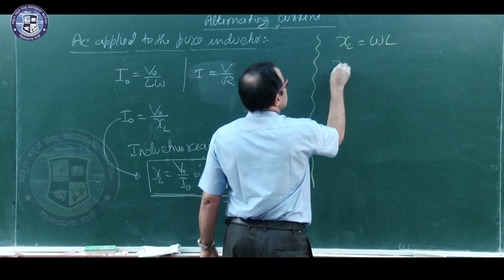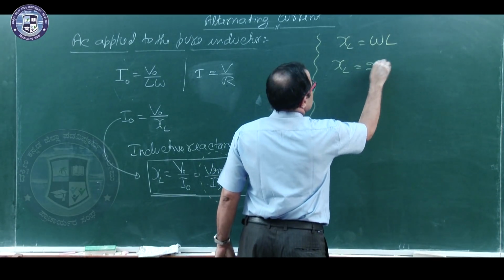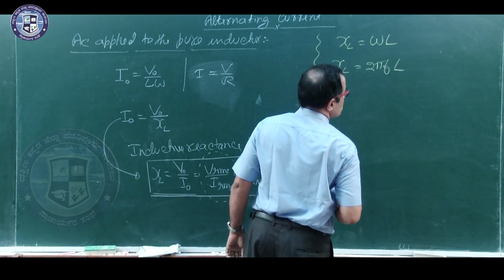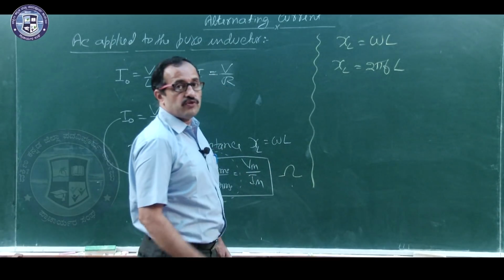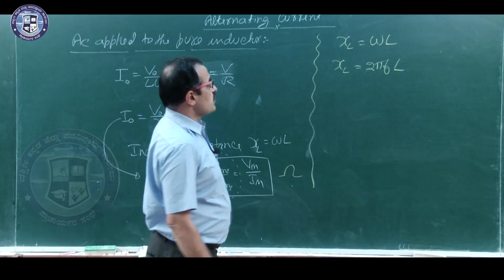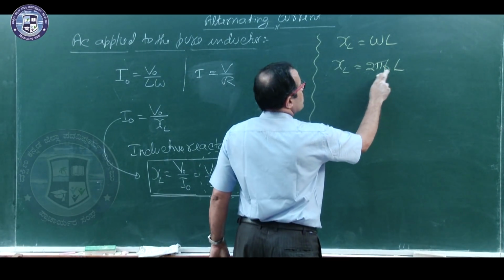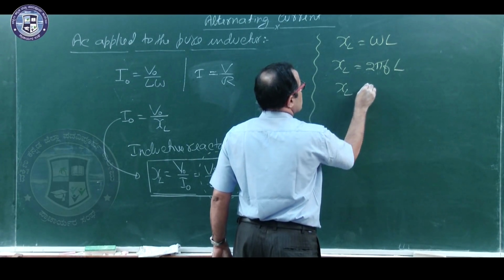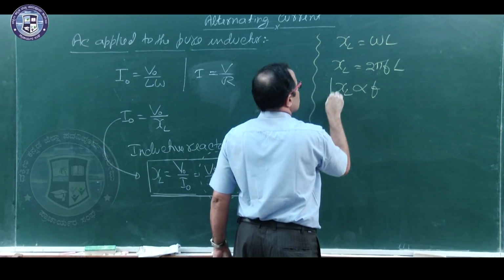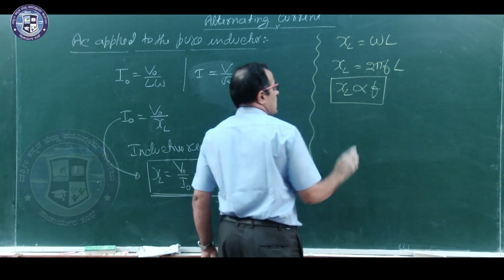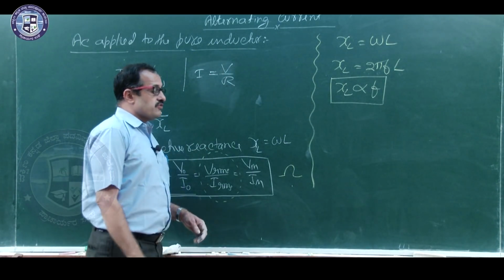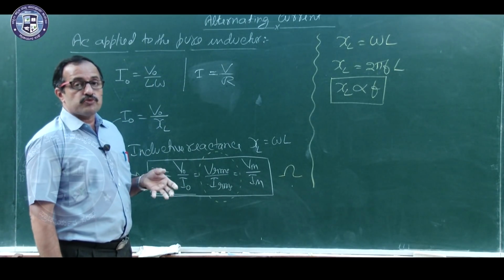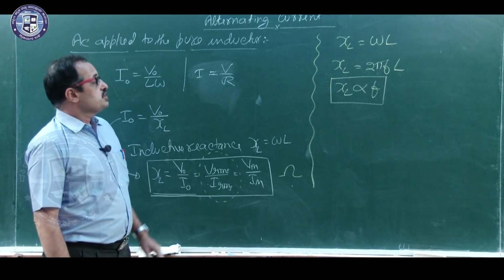Angular frequency of AC, that can be written as 2 pi f into L, where f is the frequency of AC. Therefore, it is very clear, 2 pi is a constant, self inductance is a constant, so inductive reactance is proportional to the frequency of AC. As the frequency of AC changes, inductive reactance or opposition of the inductor also changes.